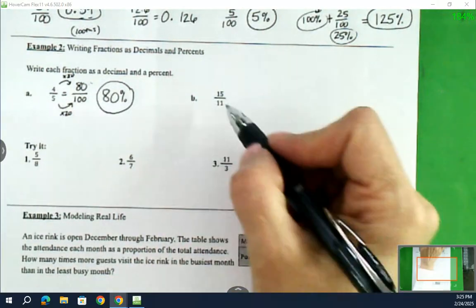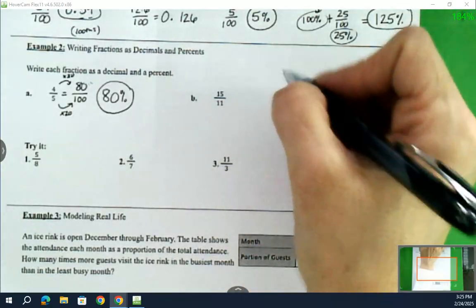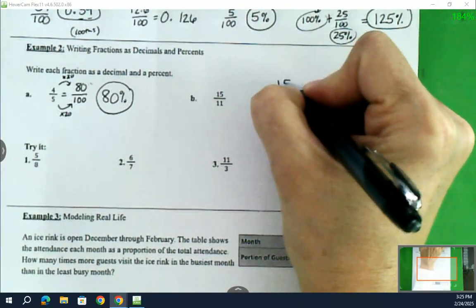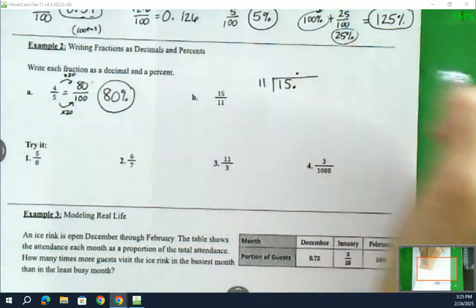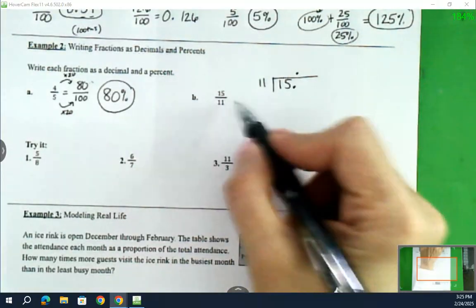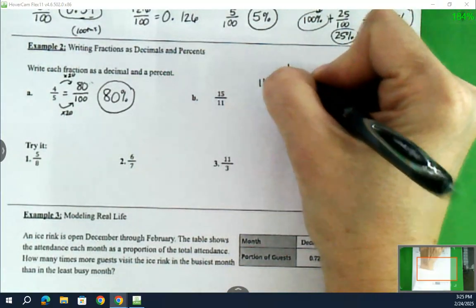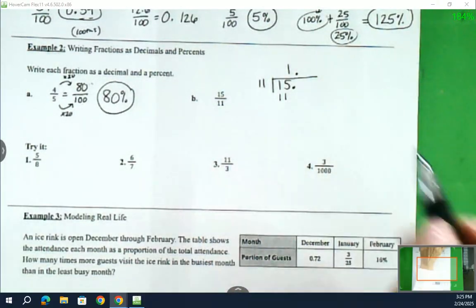In part B, 11 doesn't go into 100 evenly, so we're going to have to divide here. We're going to do 15 divided by 11 to get our decimal equivalent here, and then our percent. So 11 goes into 15 one whole time, so we know it's going to be 100% and then some.